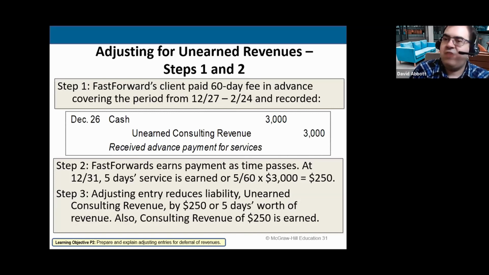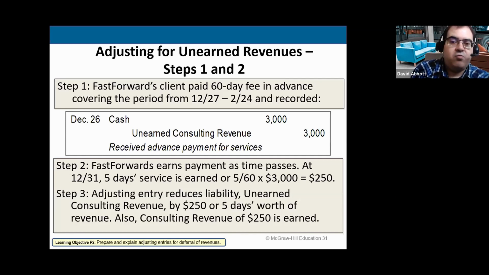We debit cash in the amount of $3,000 because that's what we received. Now, we haven't done anything yet, so we've not done anything to earn the revenue. So rather than crediting it to sales revenue, we credit it to unearned consulting revenue because we received advance payment for services. So now Fast Forward earns payment as time passes.